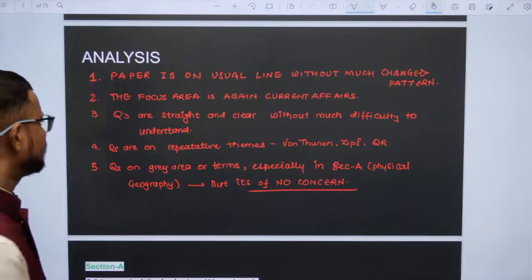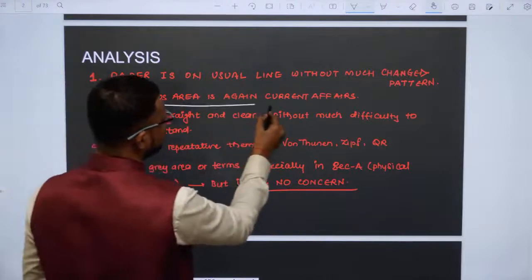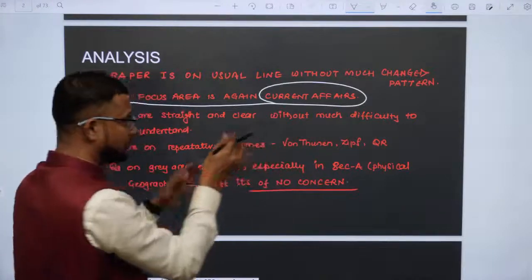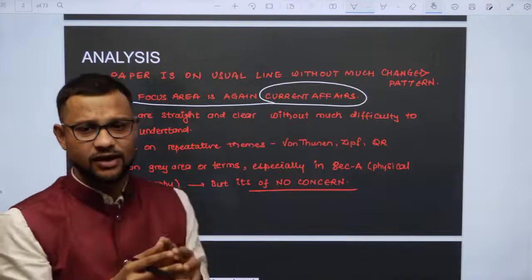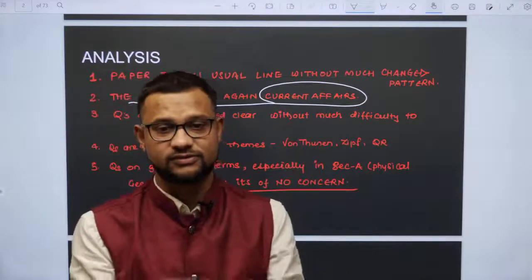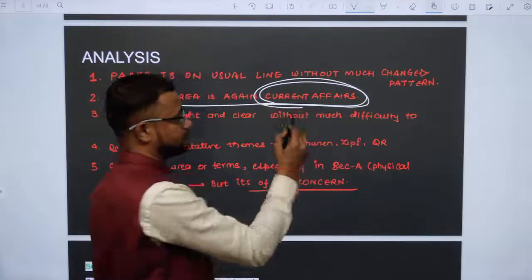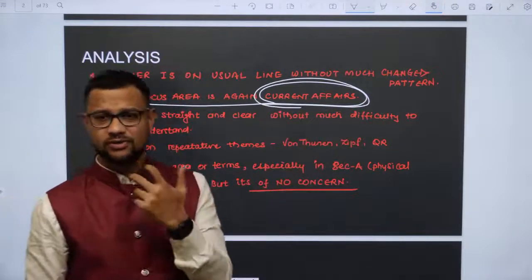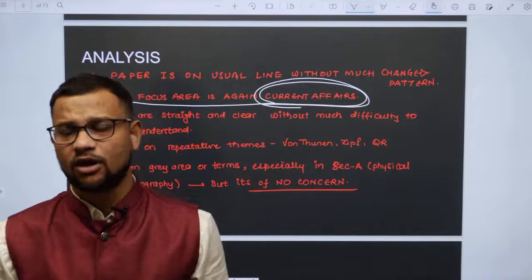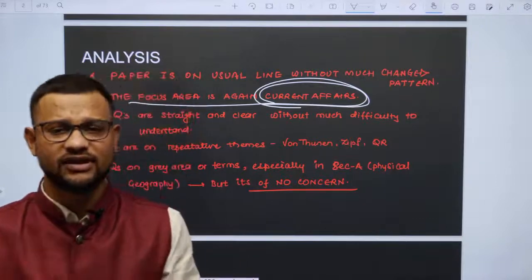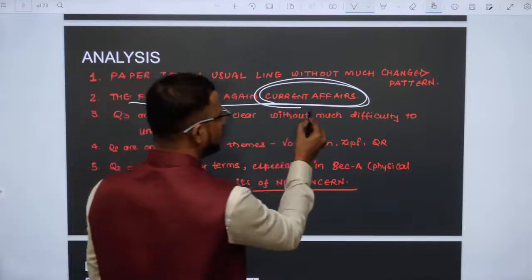Apart from it, you will find the focus area is again current affairs, even now. You will find many questions that are of current affairs origin, like the pollution dome, food security, or even the problems in Indian cities. These are current affairs.